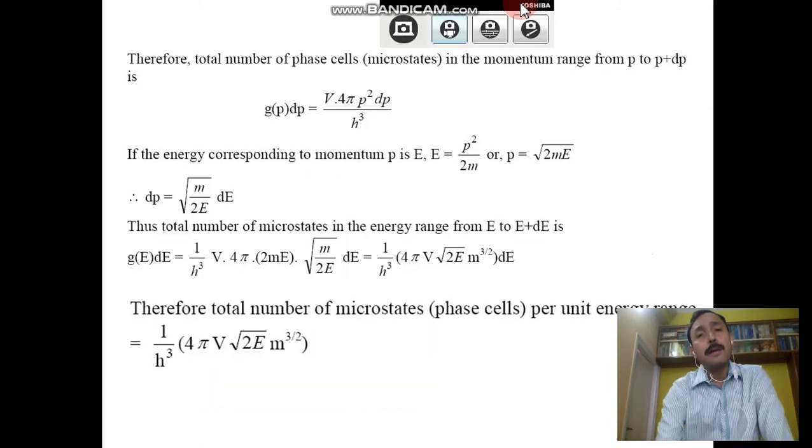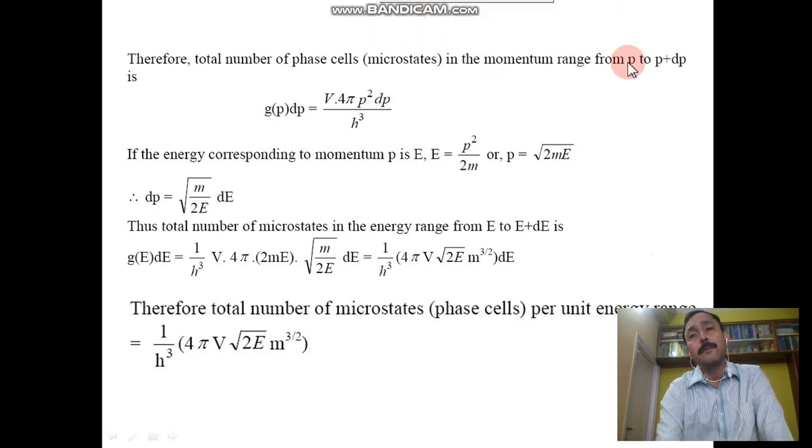Therefore, the total number of phase cells in the momentum range p to p plus dp is G(p)dp. We are representing it as G(p)dp equal to total volume by volume of a unit cell. So we are getting the number of phase cells.